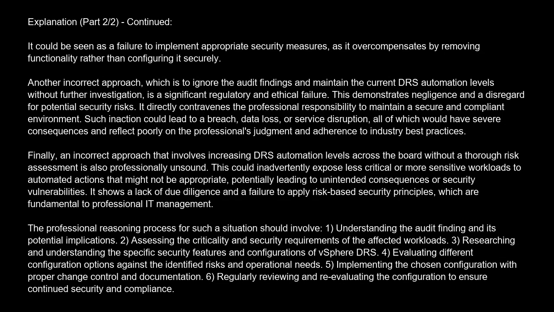It could be seen as a failure to implement appropriate security measures, as it overcompensates by removing functionality rather than configuring it securely. Another incorrect approach, which is to ignore the audit findings and maintain the current DRS automation levels without further investigation, is a significant regulatory and ethical failure.